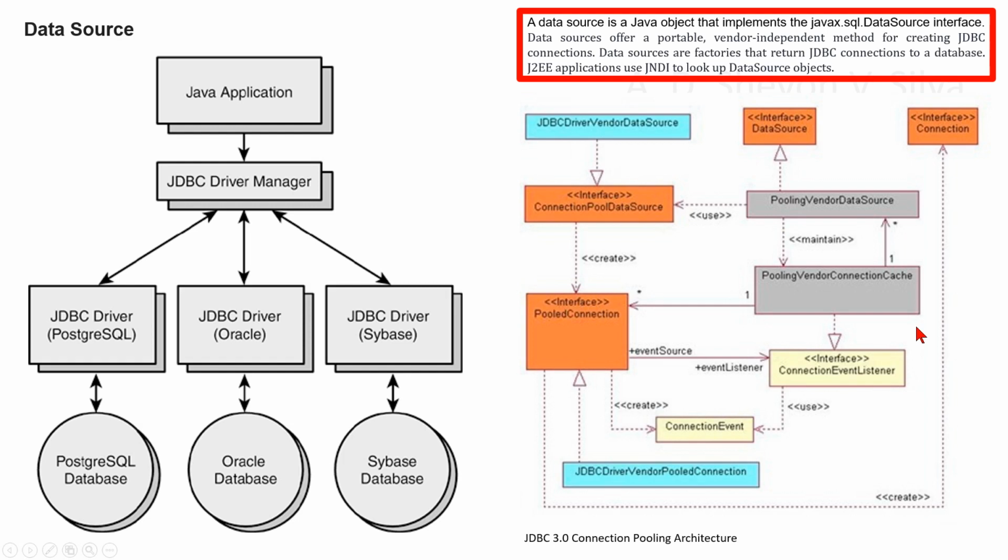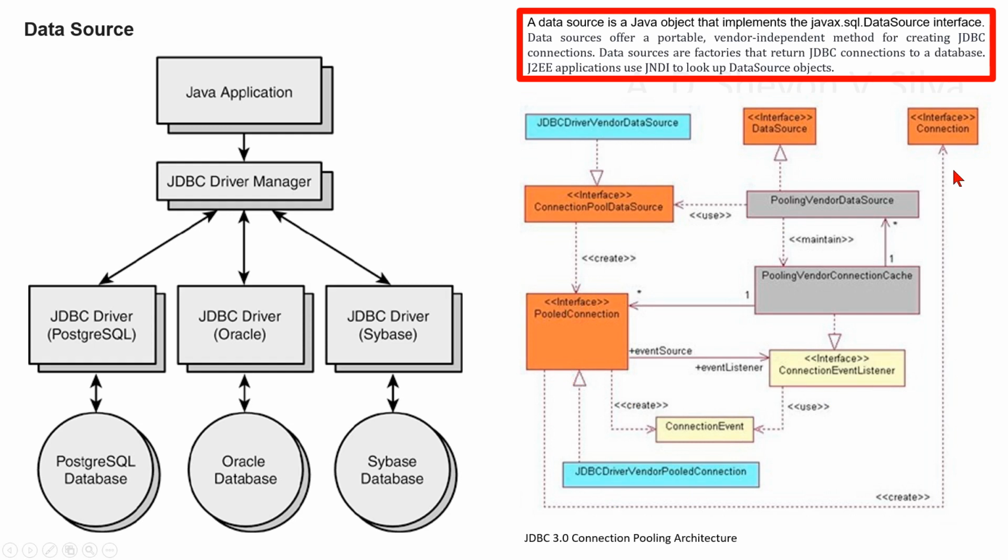The connection cache module should have a class that implements the standard connection event listener interface. The connection event listener interface receives the connection event objects from the pooled connection objects when a connection closes or a connection error occurs.